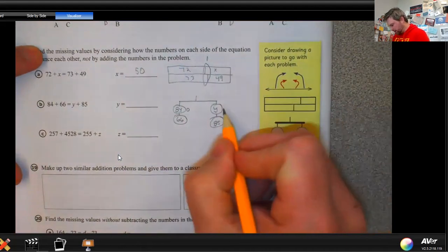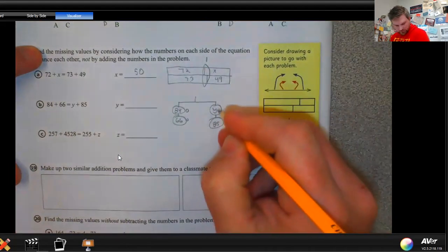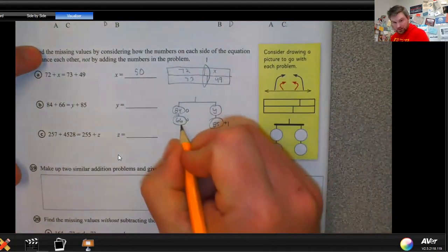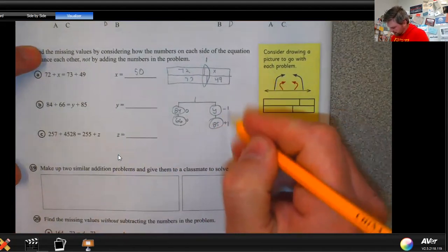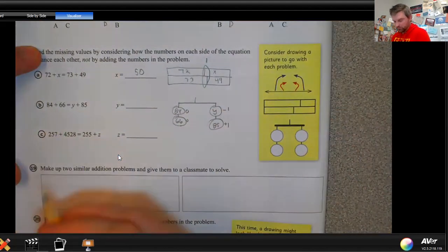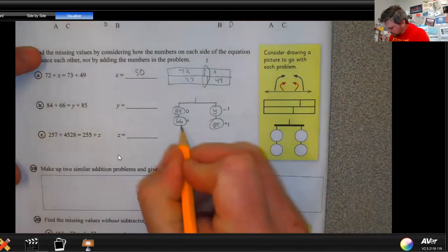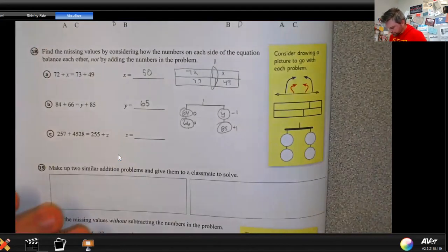So in order to balance it out, if this one's 0, this part will have to be 1 less than this one. Okay, so if I put a -1 here, these cancel out and these cancel out, and we're even all the way across. So Y here would be 1 less than 66, which would be 65.